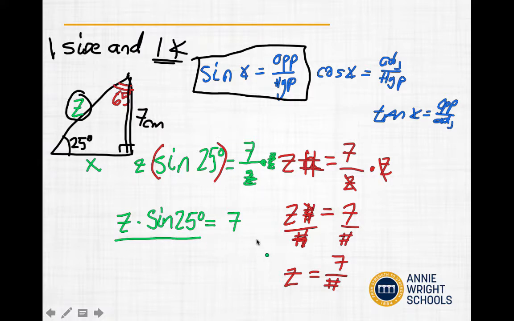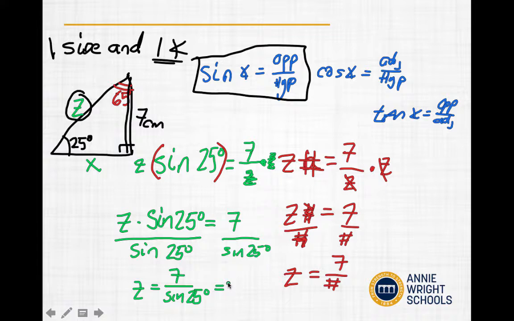Divide both sides by that number, which is sine of 25 degrees. So I better do that over here. Sine of 25 degrees. So I get z is equal to 7 divided by the sine of 25 degrees.